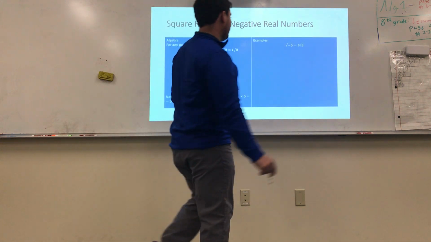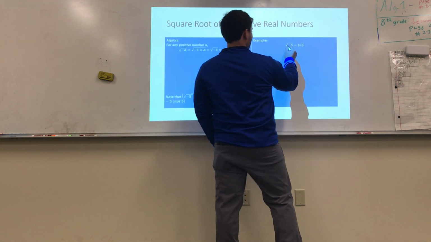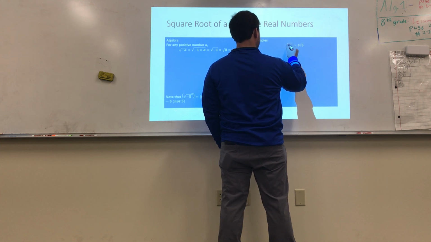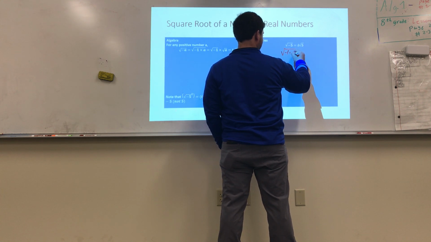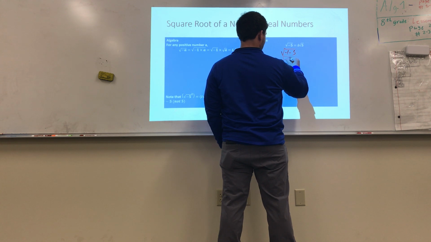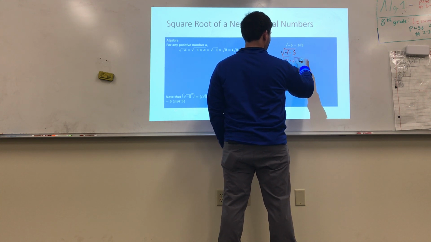This tells us the square root of negative 5 equals i square root of 5. Let's check to see if that's right. We can break this down: negative 1 times 5. That is the square root of negative 1 times the square root of 5.